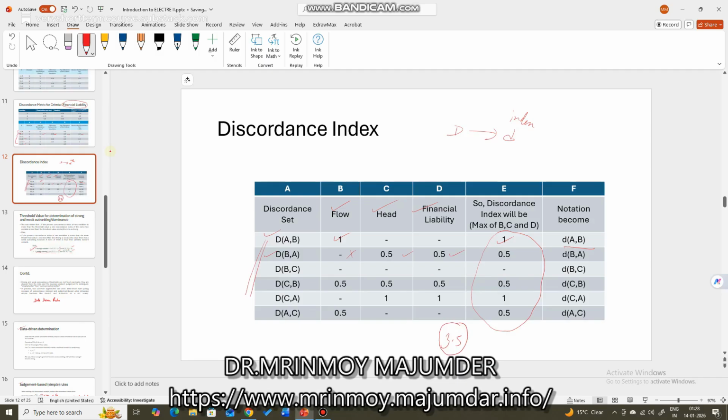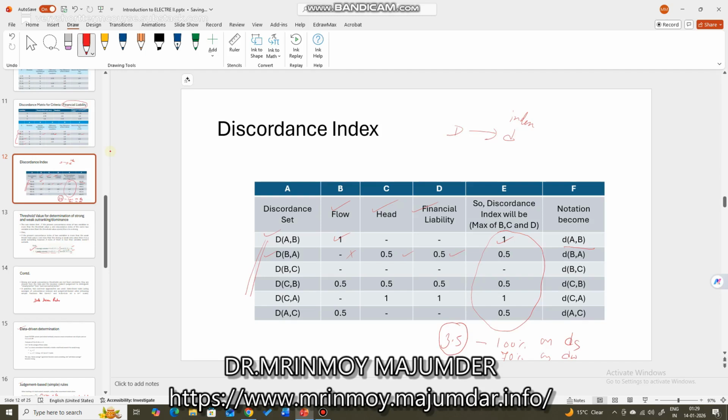They take either 100% of that value as strong discordance, or they take 70% of that value as weak discordance. So this is the rule of thumb for determining the strong and weak concordance and discordance values.